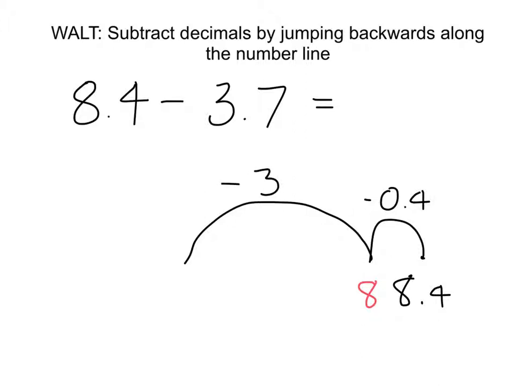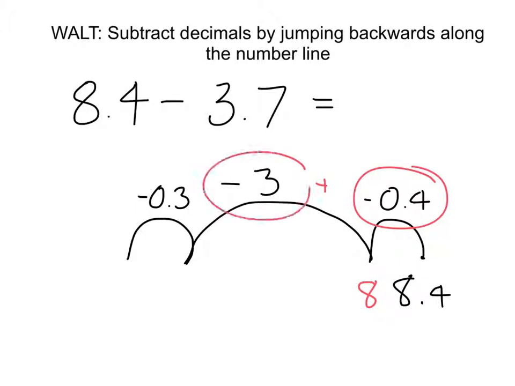And we've taken away 0.4 and we've taken away 3, so the next little jump we need to do is minus 0.3, so that we've taken away altogether 0.4 plus 3 plus 0.3 equals 3.7.